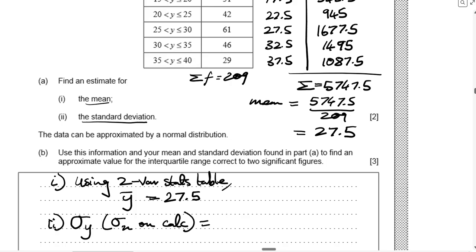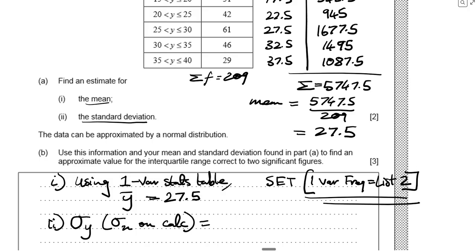What I do have to use is our one variable stats table, or two, we can use either, but I recommend one. And what you have to do is go to set and set, like I mentioned earlier, one variable frequency is equal to list 2, right?